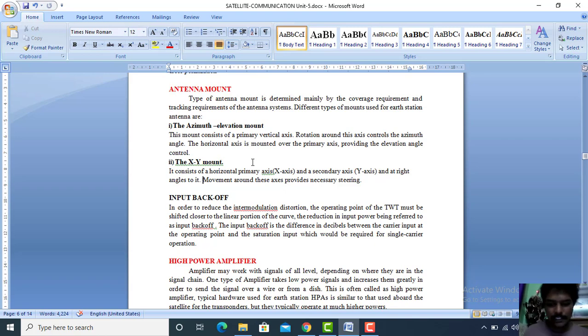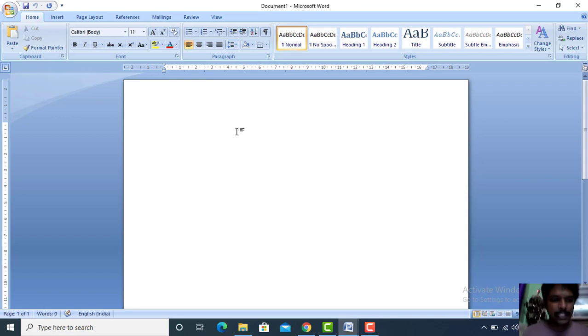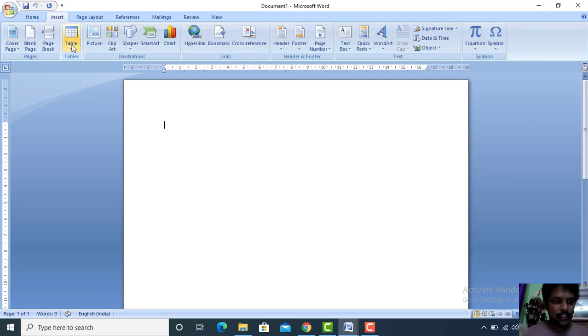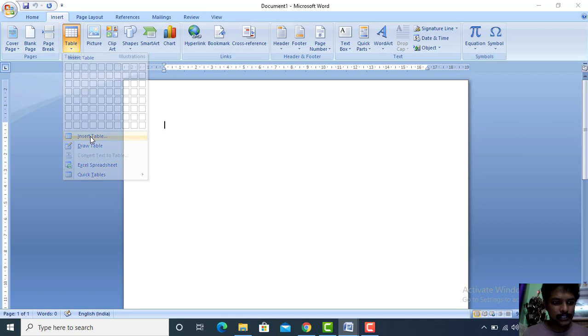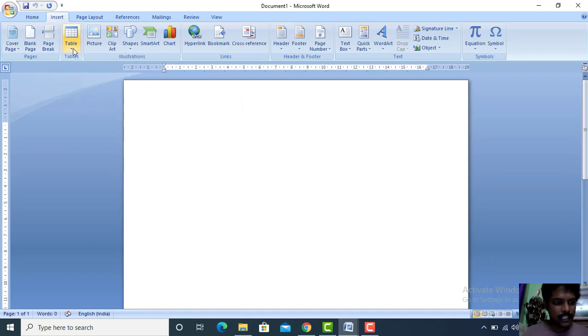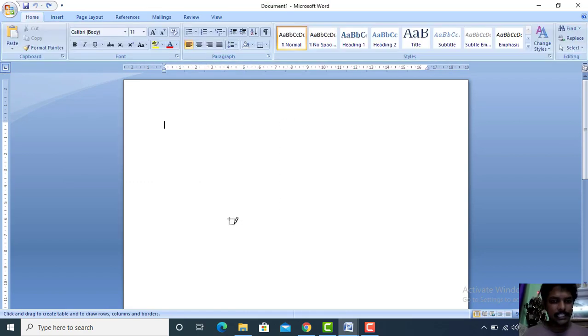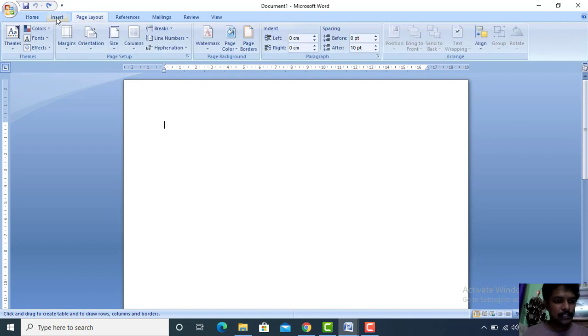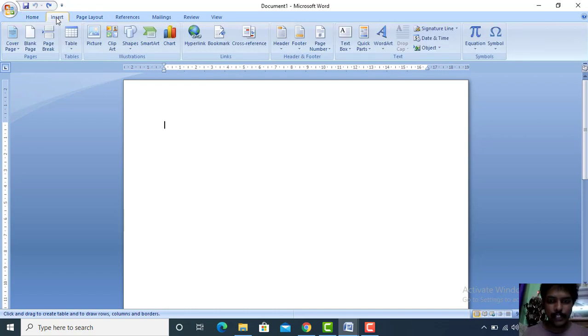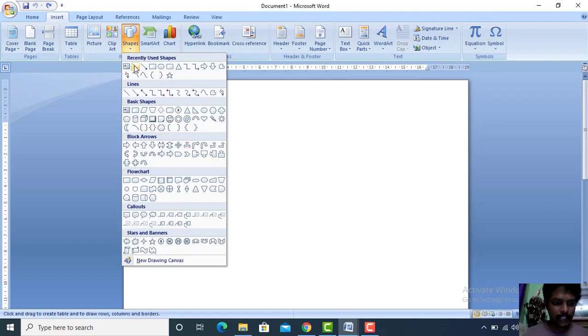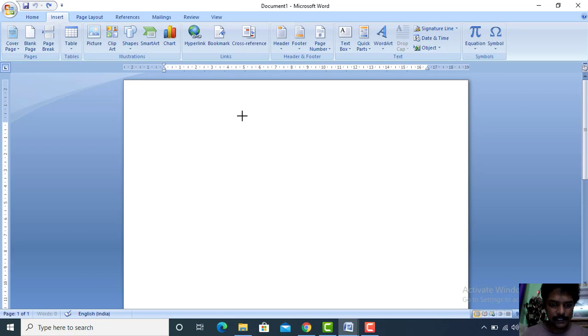If you want to see that, we will draw a small diagram to show the axes.